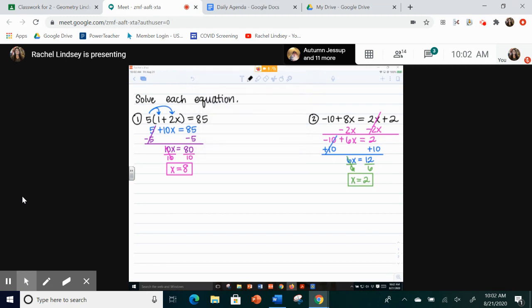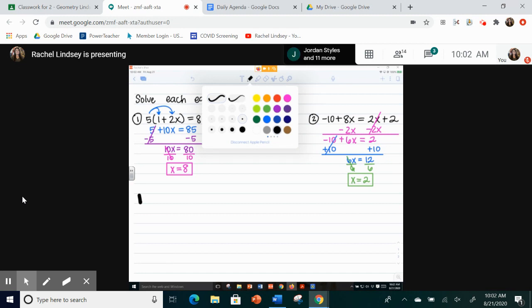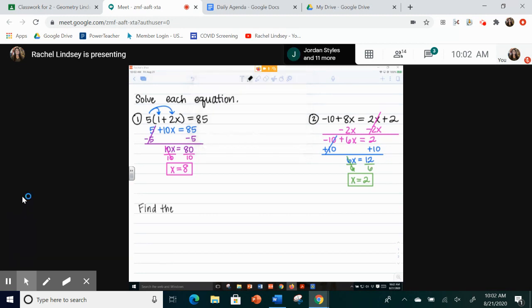So now let's look at finding the axis of symmetry and the vertex.